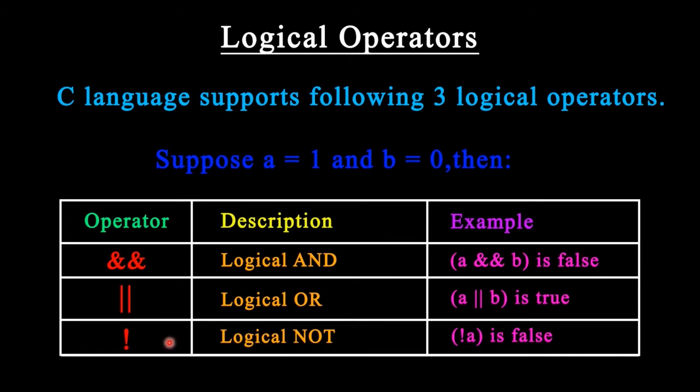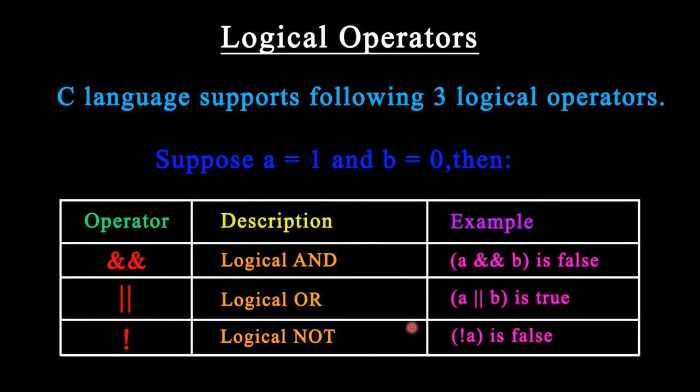Now comes the third logical operator, which is the exclamation mark, the logical NOT. What this logical NOT does is, it will negate the value. So in this case, since A is 1, NOT of A is false. That means the value is negated.